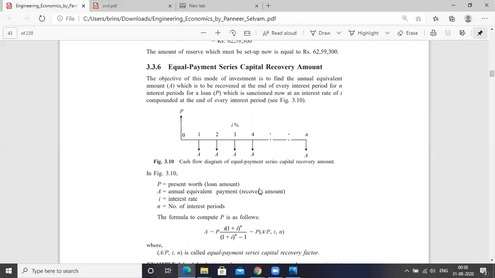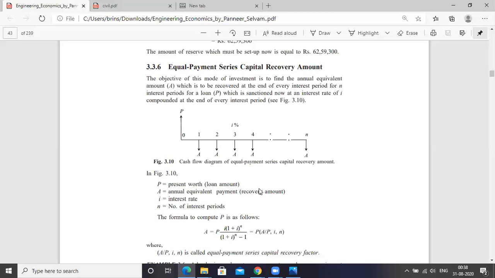Again, to understand more clearly, let us consider a different scenario involving a uniform annual payment or equal payment annual series.